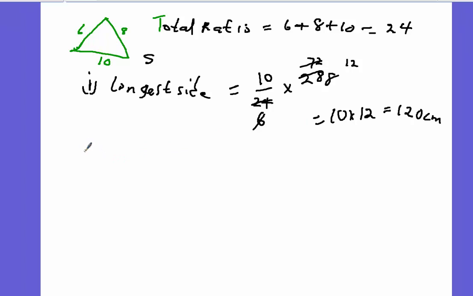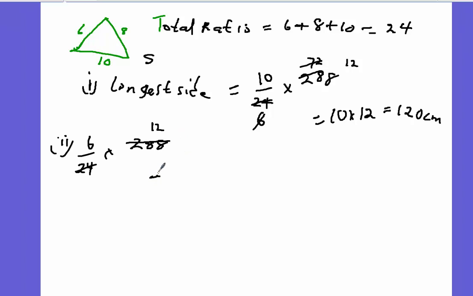Let's look at the shortest side, which is 6 out of 24 times 288. 24 can cancel out 288, 12 times.